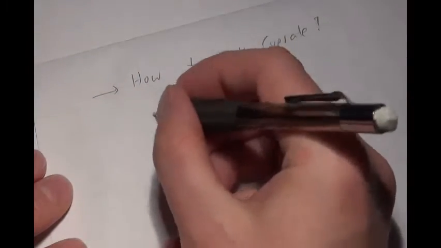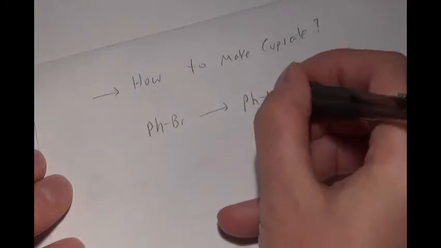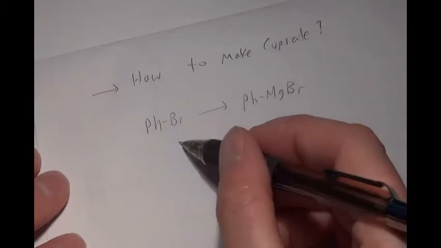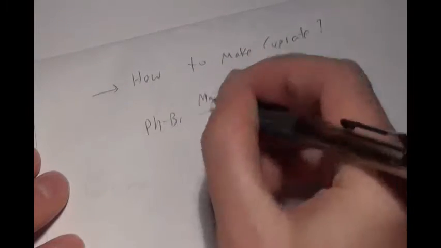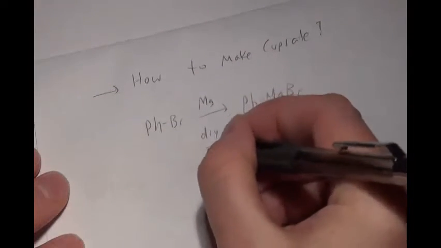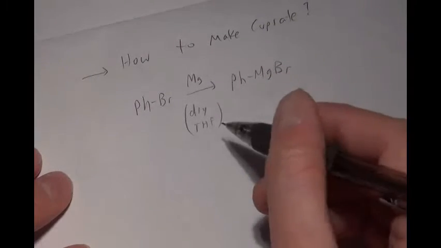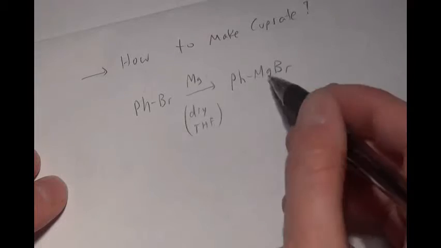I mean, those are easy, right? Phenyl bromide. How do I make phenylmagnesium bromide? A Grignard. You take the bromide and you throw in magnesium. Maybe dry THF, or some dry solvent. Okay? Phenyl bromide, magnesium, and that's a Grignard.